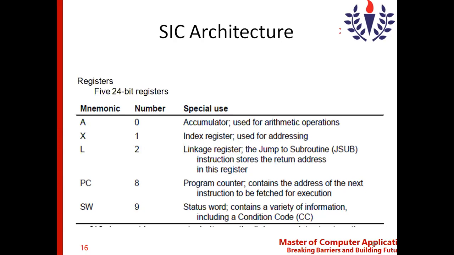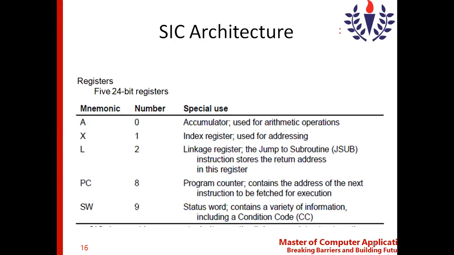Coming to the third register, it's the linkage register, which is used in jump instructions. Whenever a subroutine is called by using the jump instruction JSUB, in order to store the return address, we use the linkage register L. This is numbered 2.